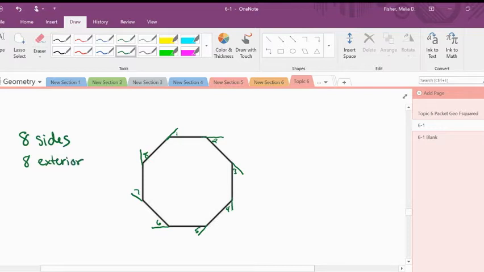There are also 8 interior angles. So let's look at if it's 8, then I would say 180 times 8 minus 2, that's 180 times 6, which is 1080.